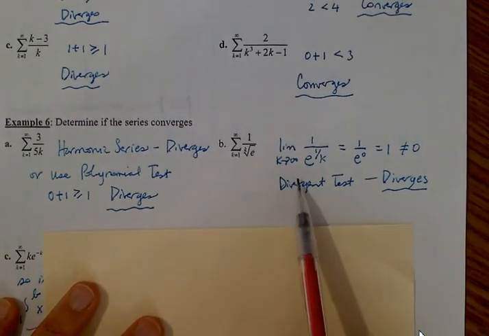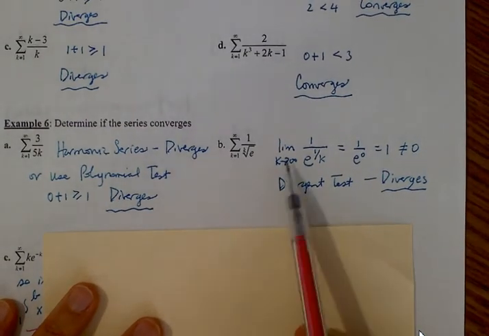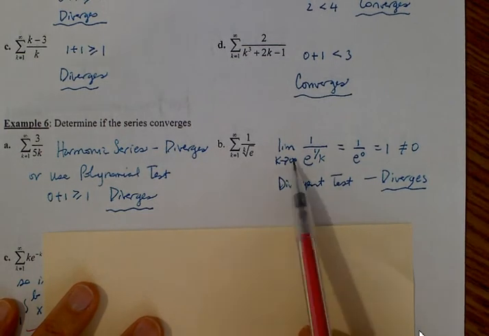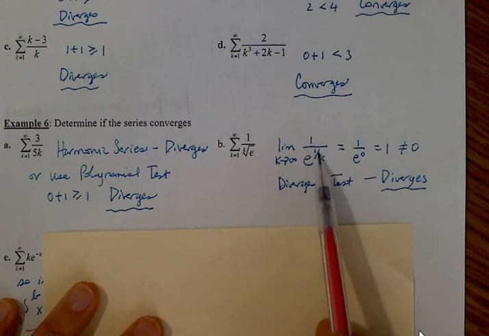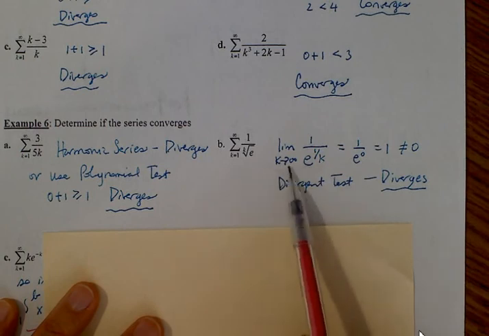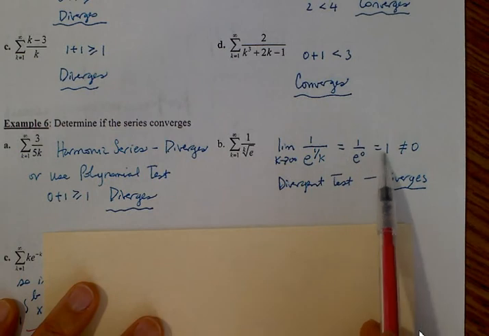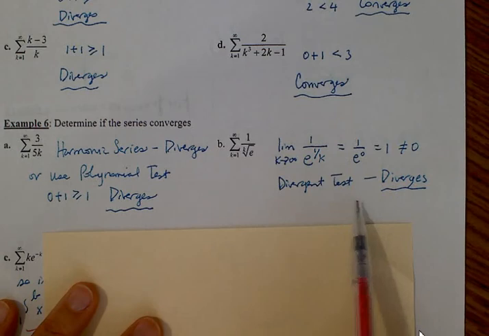Okay, so for the next one, I'm going to look at the divergence test. So I take the limit of 1 over e to the 1 over k as k goes to infinity. And this is going to equal 1 over e to the 0, which is 1, which does not equal 0. So then it diverges by the divergence test.